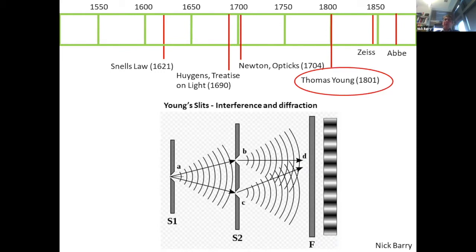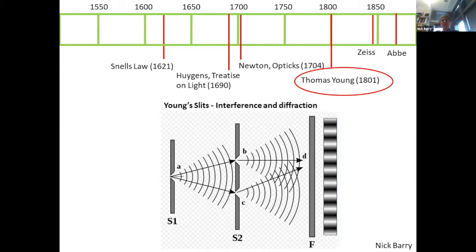But the whole field was muddied by camps saying that light was a particle and camps saying that light was a wave. And Huygens came up with this idea towards the end of the 17th century of secondary wavelets, which actually got very close to how we would treat modern optical instruments.